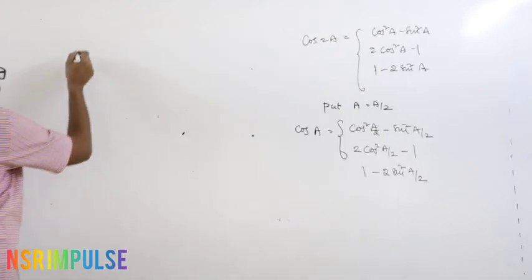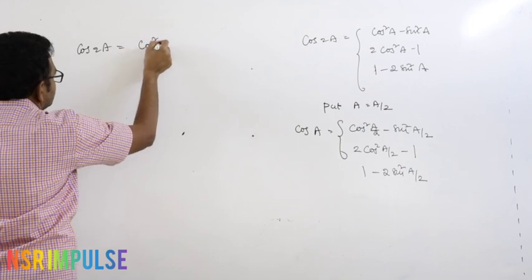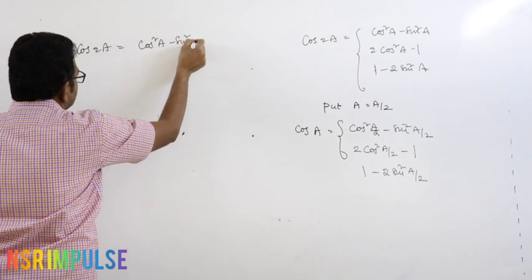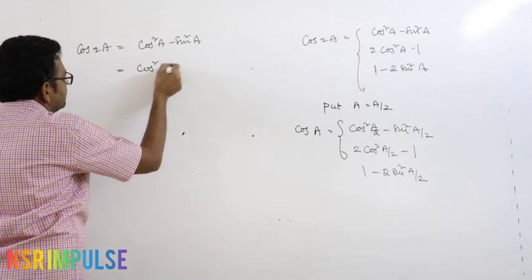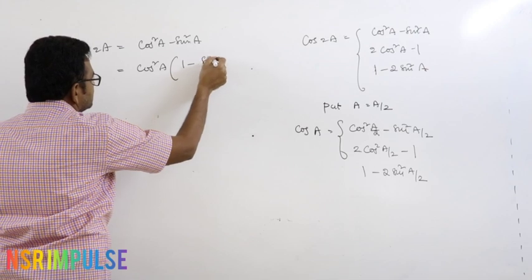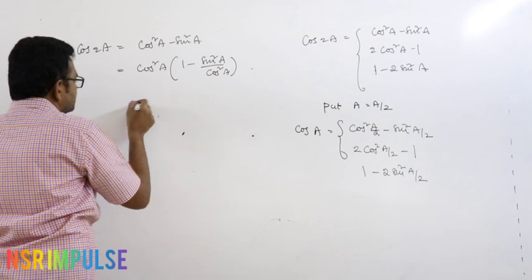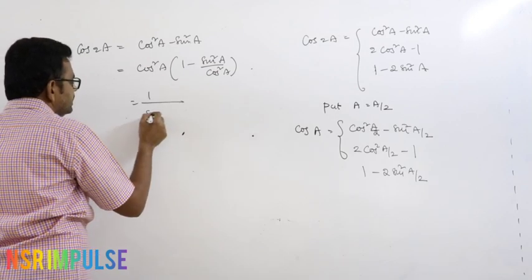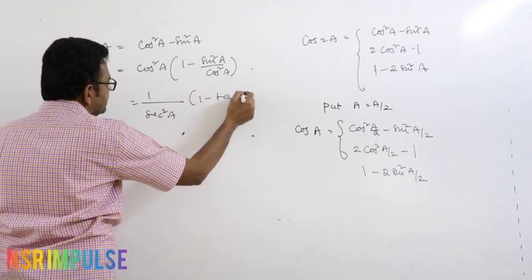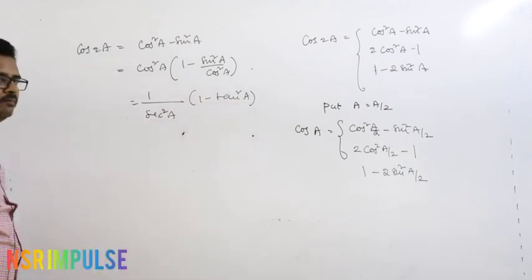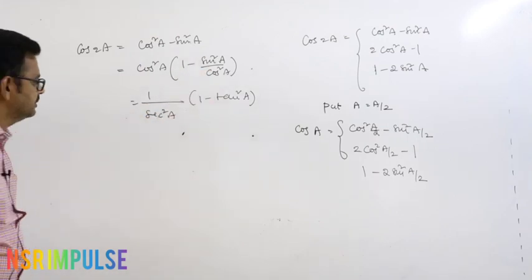So cos 2a is equal to again cos square a minus sin square a. Now I am taking cos square a common: 1 minus sin square a by cos square a. This can be written as 1 by secant square a into 1 minus tan square a, since sin a by cos a is tan a, and sin square a by cos square a is tan square a.